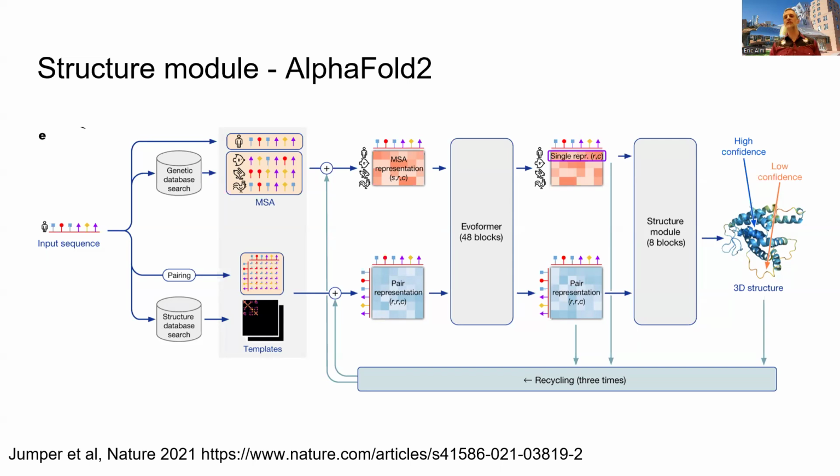And there's a number of places in the algorithm where they will explicitly put in the relative distance between the two pairs. So they compute that multiple times and put that information in. I mean the relative distance in the linear sequence.